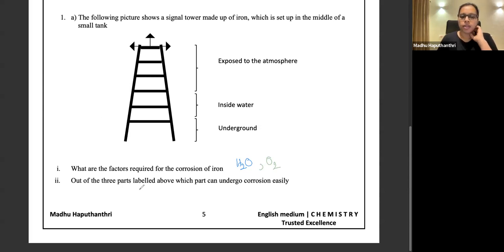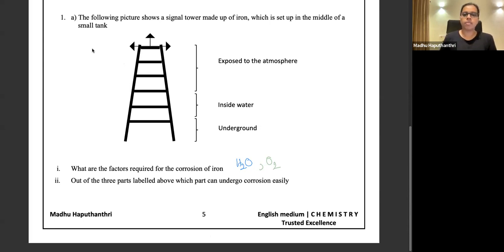Second one, out of the three parts labeled above, which part can undergo corrosion easily? What is the part? The part exposed to the atmosphere or inside water or underground? What do you think? So here, better you take the part which is exposed to the atmosphere. The reason is the part exposed to the atmosphere is getting oxygen and moisture, both of them.